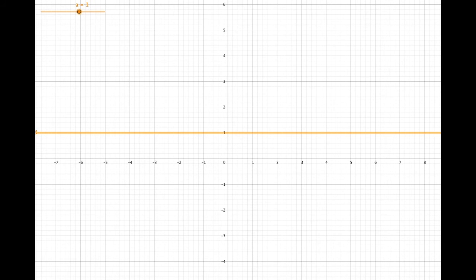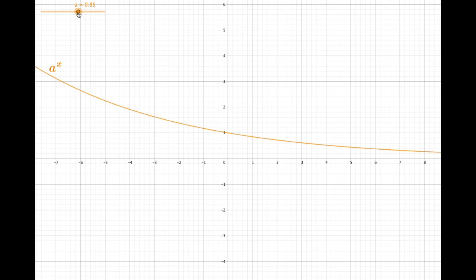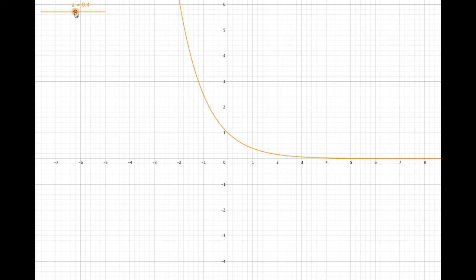And so that's a to the power of x. And if we slide that up from 1, up it goes. If we go below 1, it becomes a decreasing function, and then it doesn't mean anything for negative numbers.